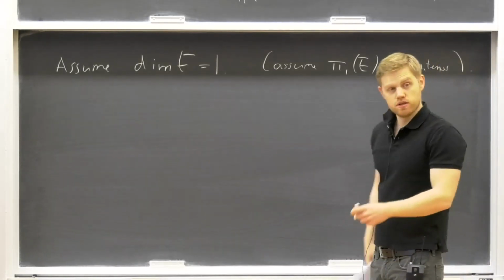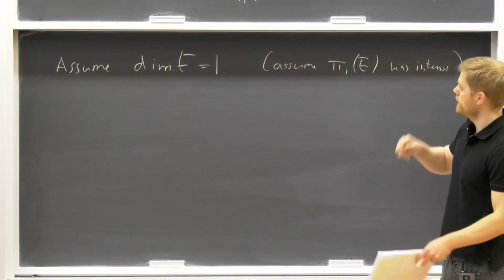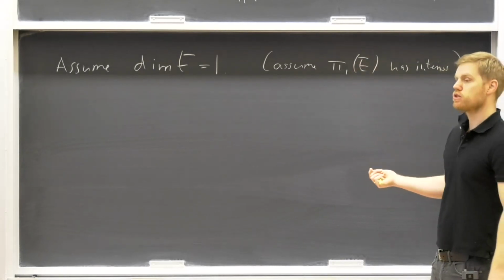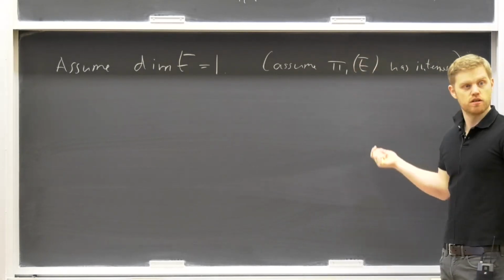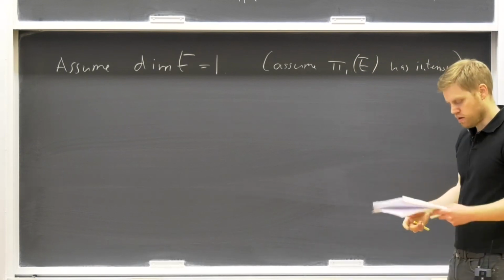Okay, so now what I want to do is, so now I still could have the case that fibers, in this picture, pick up a large chunk of the dimension. So that I do want to rule out.